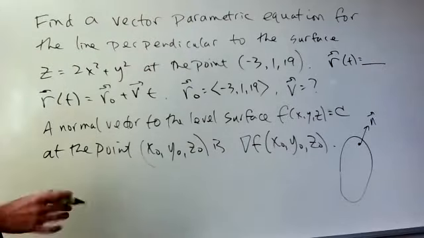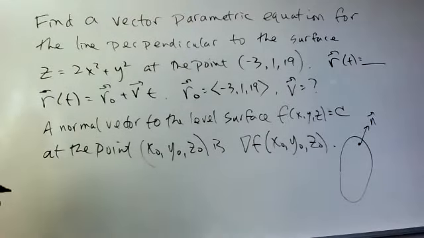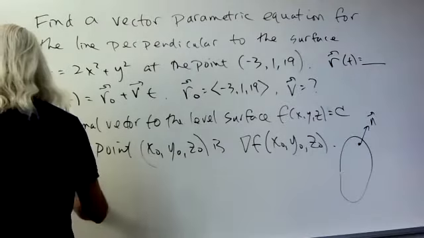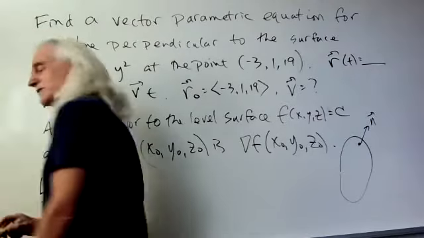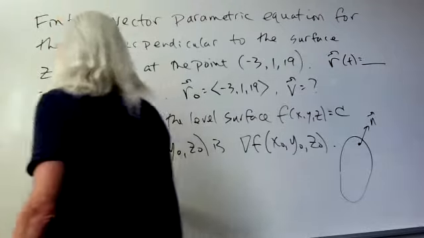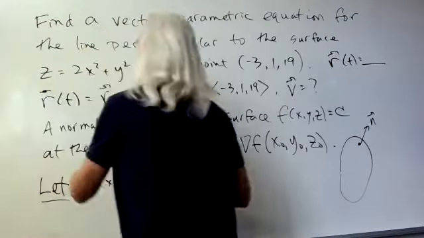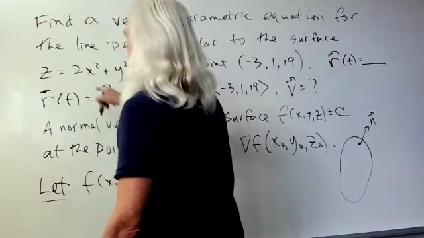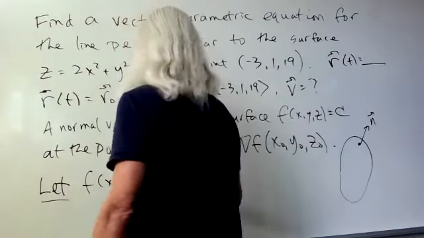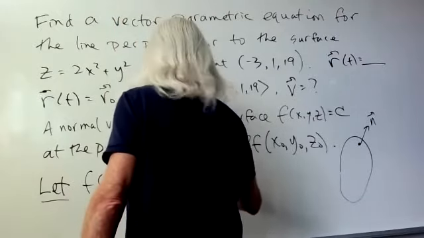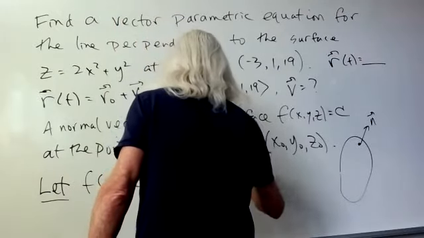So the important thing here is we need to figure out what the function is. Let f of x, y, z be, it's a function of three variables now, 2x squared plus y squared minus z.